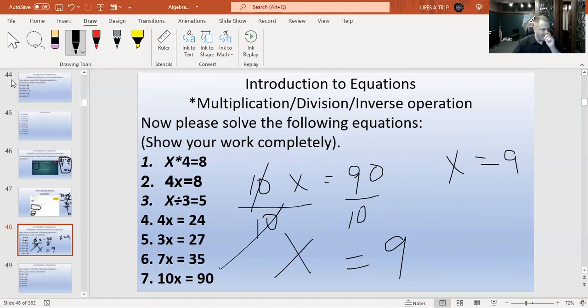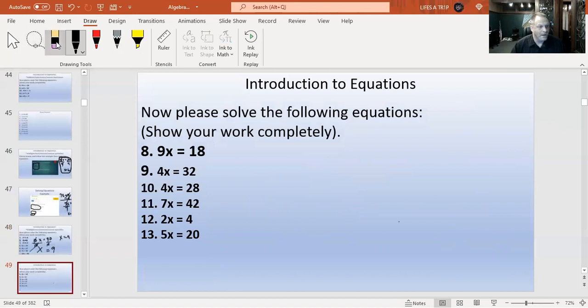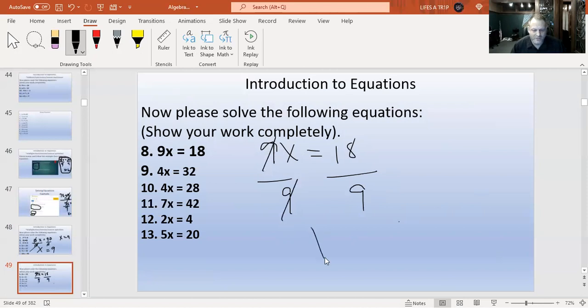All right, guys, let's do the next few. Okay, 9x equals 18, divide by the 9, positive 9. Cancellation method by inverse operations, and x equals 2.